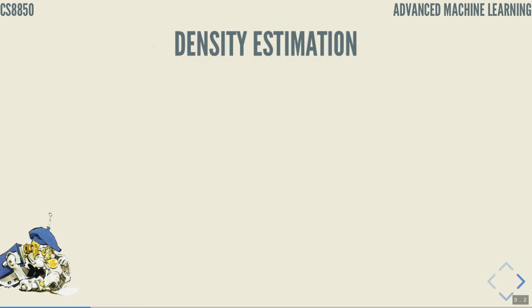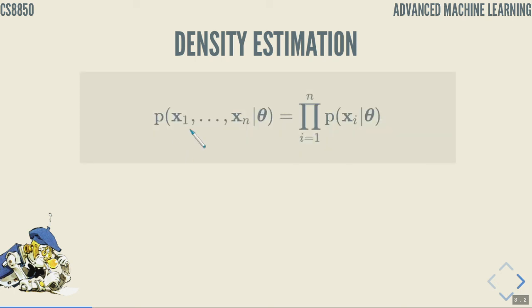What is its density? How does its density look, and how can we estimate it? So we have our data set and our parameter set, the likelihood of individual samples, and the overall likelihood, because of the IID assumptions of our data set, is just a product of individual likelihoods for each of the points.